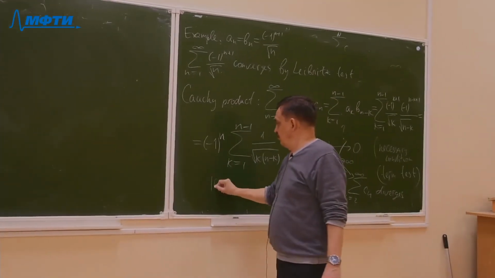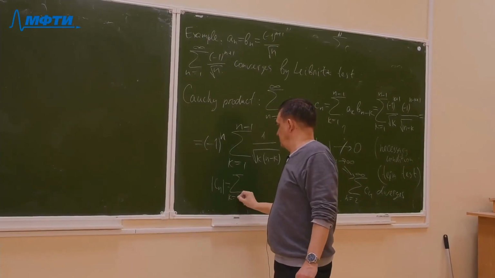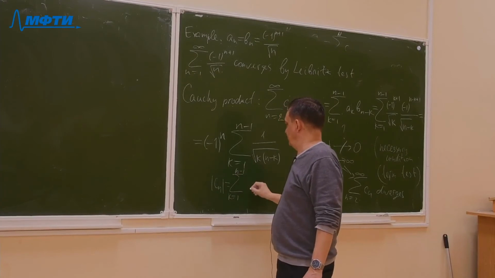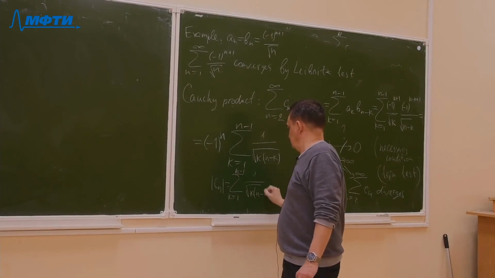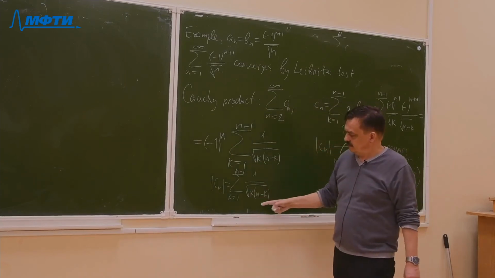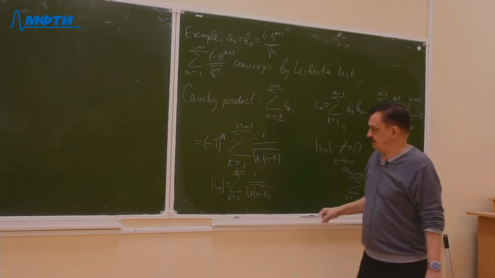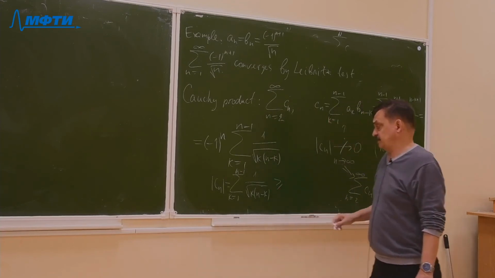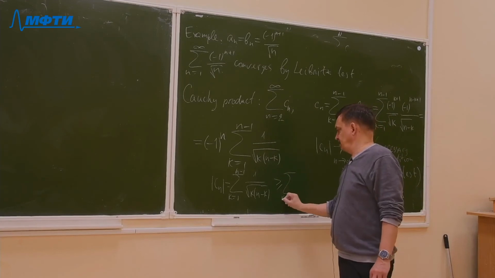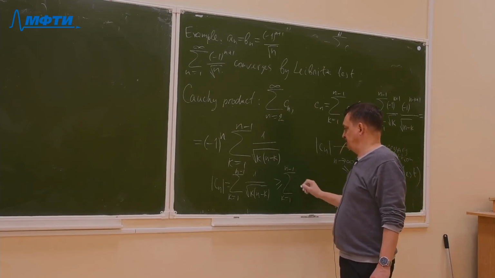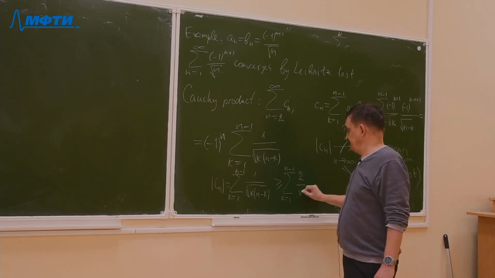So modulo C_n is equal to the sum of those expressions. So every term under the square root is less or equal than n squared over 4, so we have greater or equal than the sum k from 1 up to n minus 1 of 2 over n.